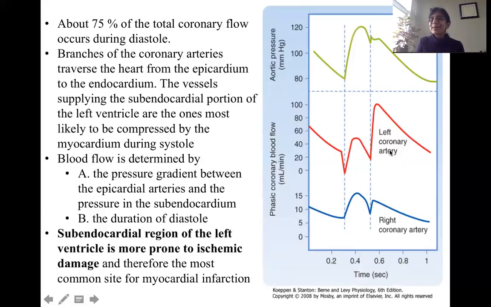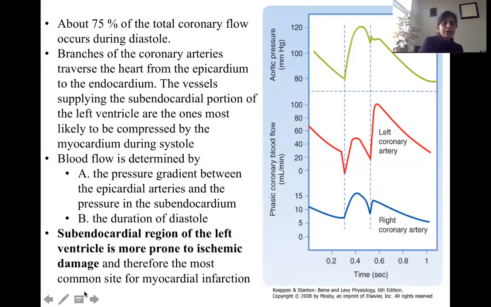Left coronary artery is shown because that's the one that's responsible for blood supply to the left ventricle. And right coronary artery doesn't have to follow all these rules as rigorously because the pressure changes are not as significant. Okay, so that is what we learned from this slide.